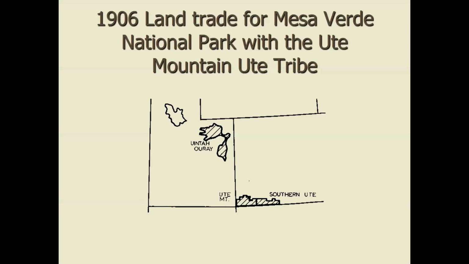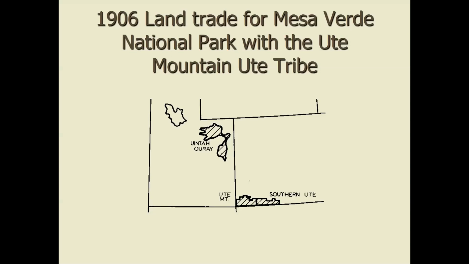So for Mesa Verde, the people went to the tribe and said, we would like to trade you land. We'll give you more land than what we want. And the council said, what land are you talking about? And they said, oh, we'll give you the north half of the Ute Mountain. And the tribe said, well, we already own that land.